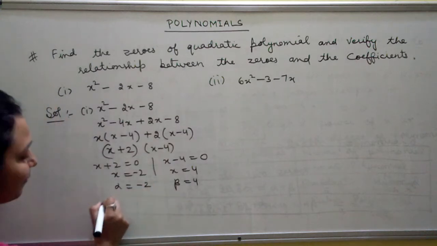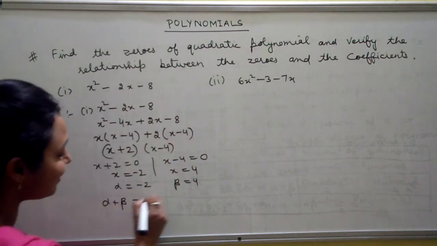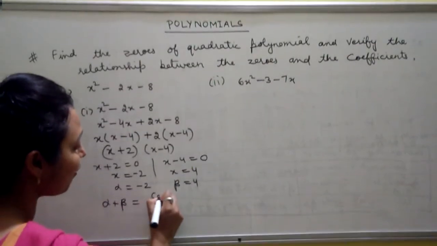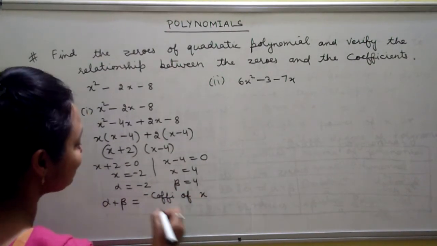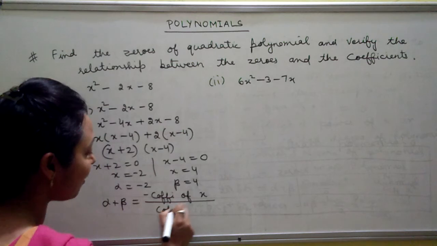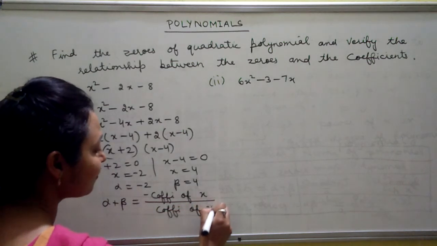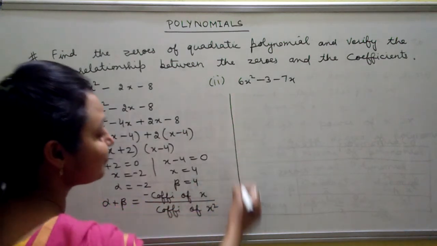So we have to verify by taking the sum. The sum alpha plus beta should be equal to the negative coefficient of x upon the coefficient of x square. Okay, so I will put the values.